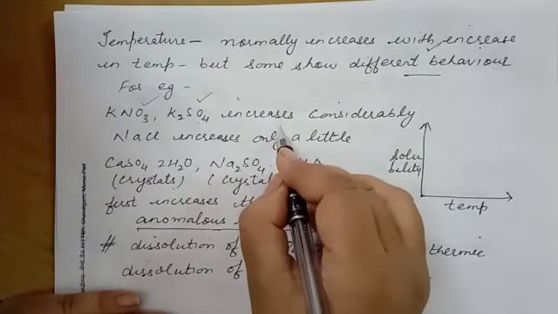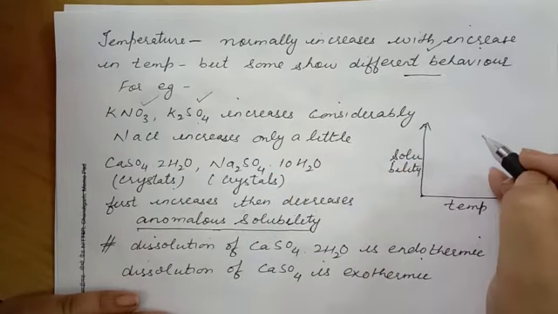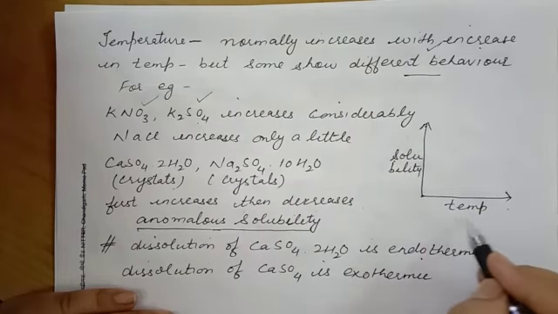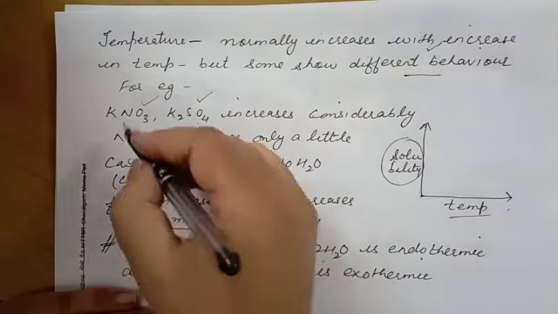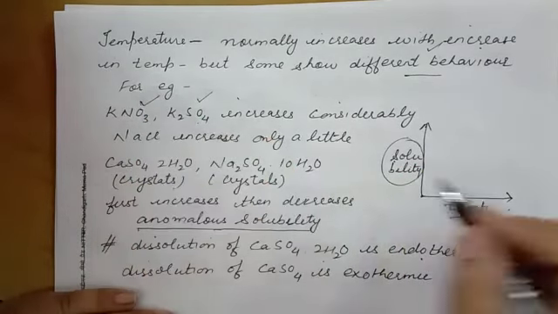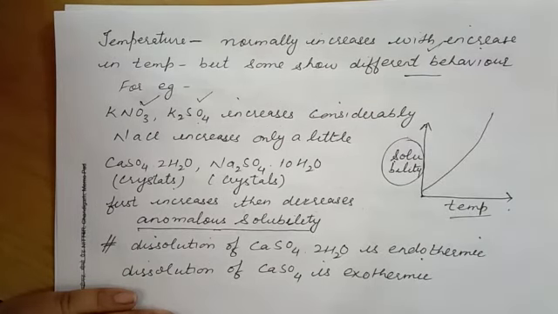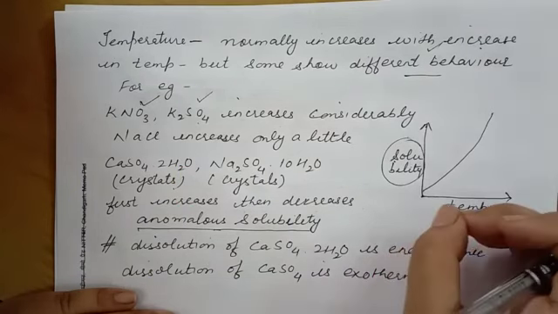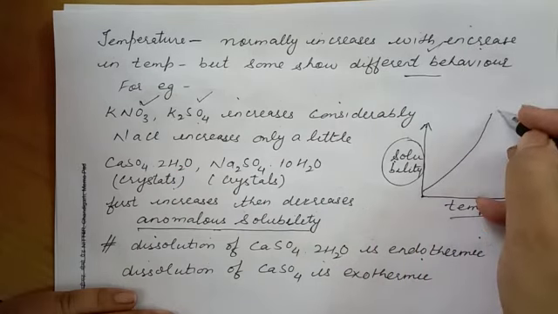This increases to the maximum with the increase in temperature. So if we draw a graph of temperature with respect to solubility, how can we draw a curve for potassium nitrate? A steep curve. That means potassium nitrate show maximum dissolution with the increase in temperature.